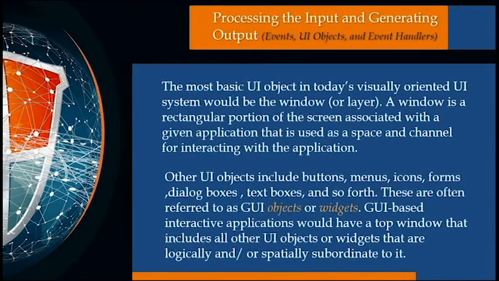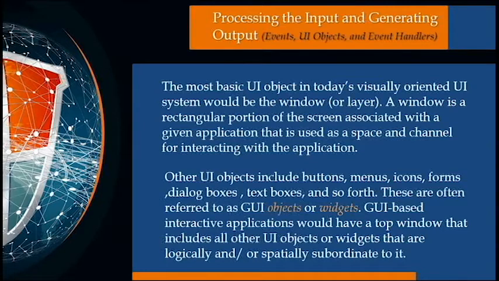For processing the input and generating the output, we have here some events, the UI objects, and the event handlers. The most basic UI object in today's visually oriented UI system would be the window or layer. A window is a rectangular portion of the screen associated with a given application that is used as a space and channel for interacting with the application.